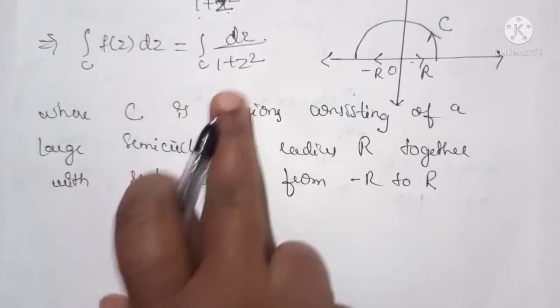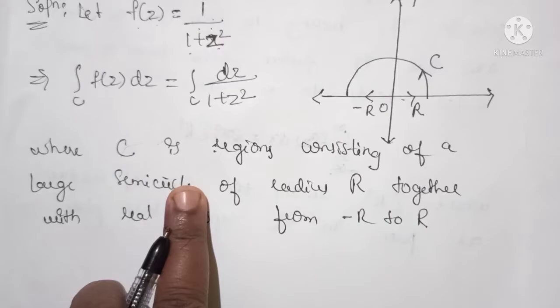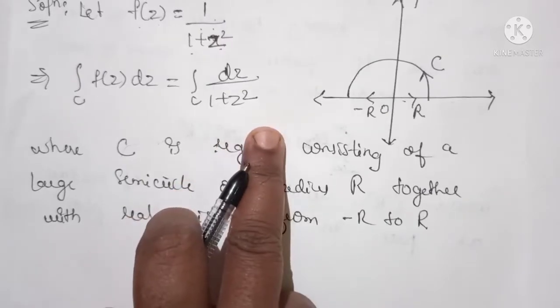So first we find the poles, and with the help of Cauchy's residue theorem we evaluate this.